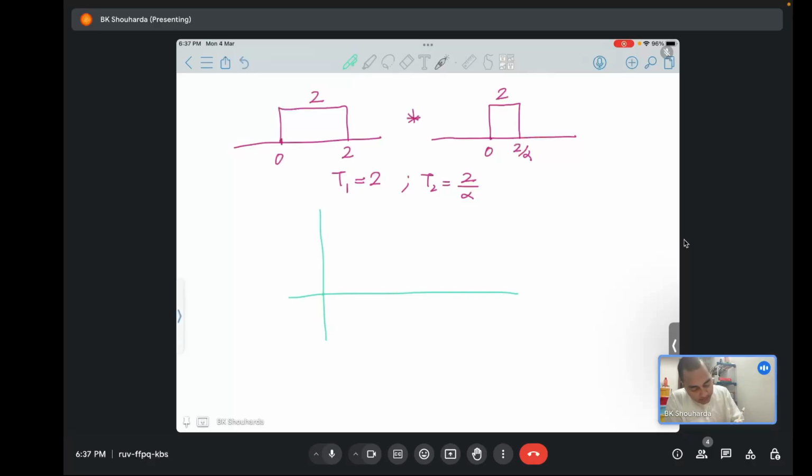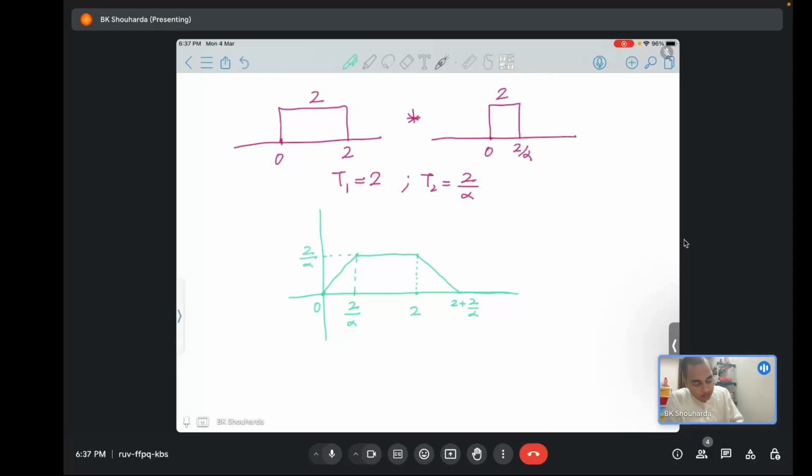It will start at 0 and go up to 2 upon alpha, and then it will stay there. After some time it will return back at 2, and go down at 2 plus 2 upon alpha and stay at 0. And this is 2 upon alpha.